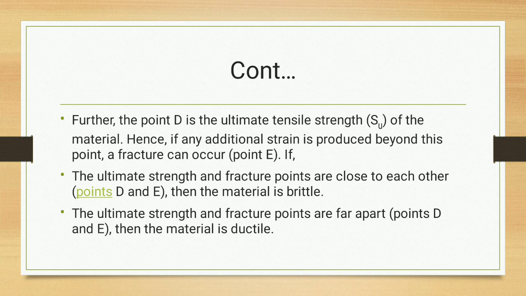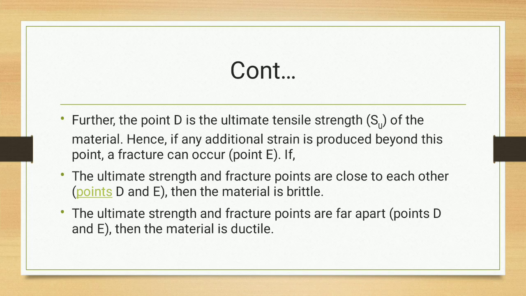Further, the point D is called the ultimate tensile strength of the material. Hence, if any additional strain is produced beyond this point, a fracture can occur at point E. So, the distance between the points D and E also tells a very important property of the material.